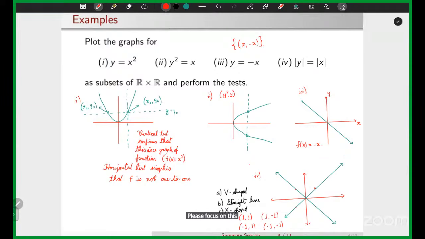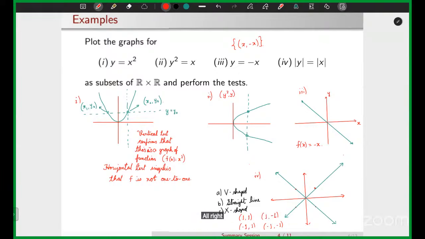If you have already understood it, it's fine. If not, then spend a bit more time and see how we concluded that the graph of |y| equal to |x| is actually the union of two lines passing through the origin, one with slope 1 and one with slope minus 1.